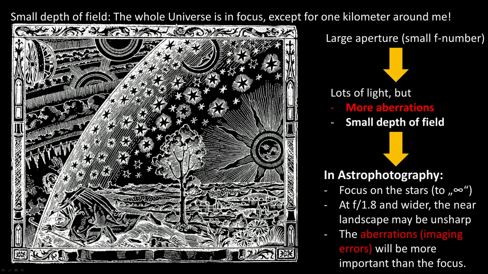Yes, you have a depth of field, so basically a kilometer around you is not in focus, but the whole rest of the universe is in focus, so everything is fine. What is more important is that you have more aberrations if you have larger apertures, that means smaller f numbers.